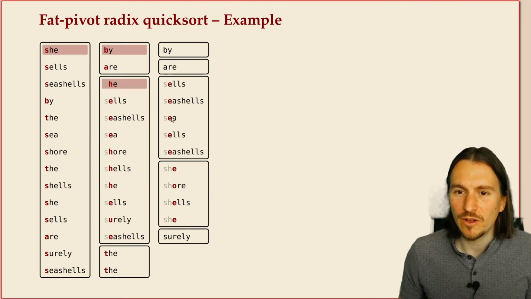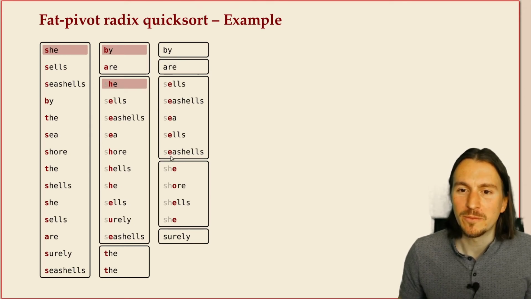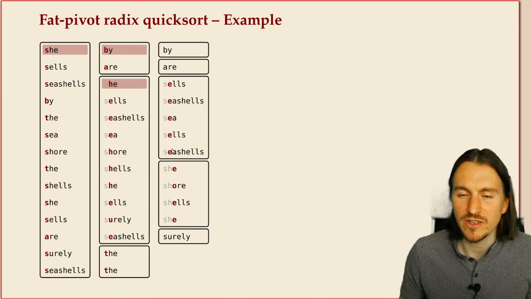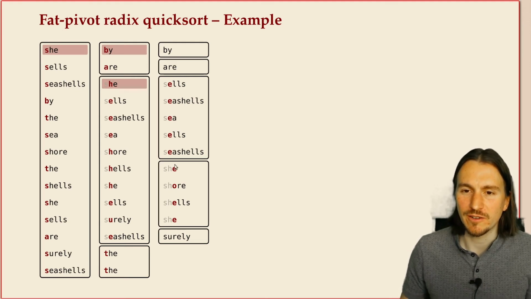It only knows that they all have a character that's smaller than h, but we still have to compare this. So we're still looking at the second character in this sublist. Whereas here, this is the partition that had the same character as the pivot. So here we know these are all h, so we can advance to the next character in this list.